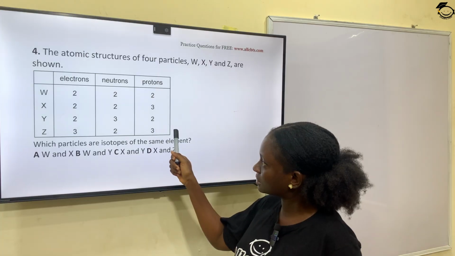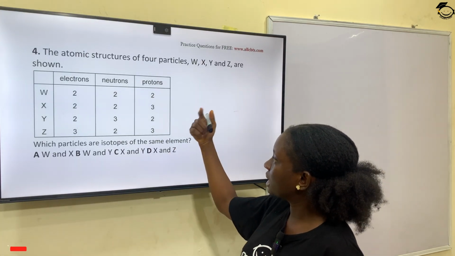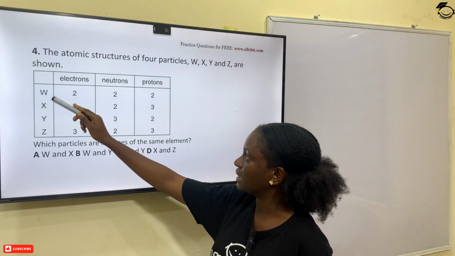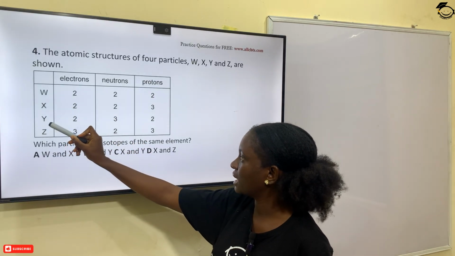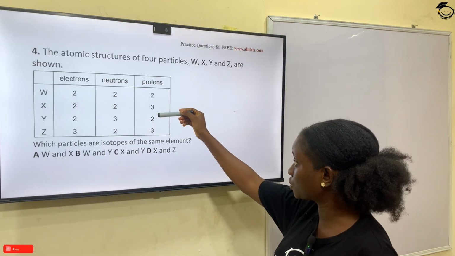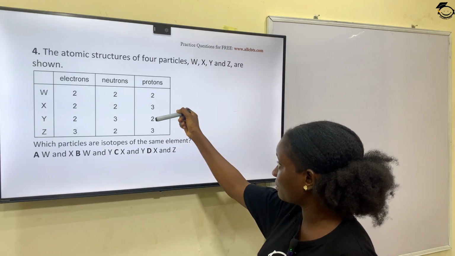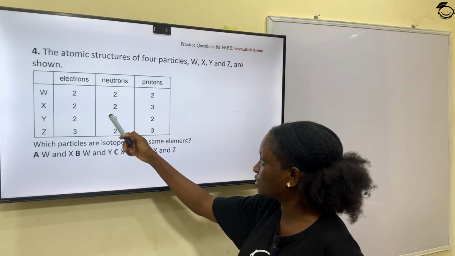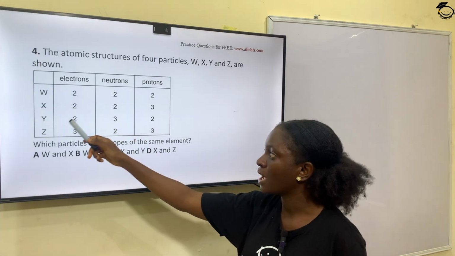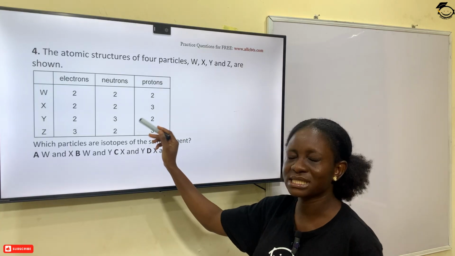So let's look at the table. From the table, we can see that only W and Y have the same number of protons, which is 2, but different numbers of neutrons. They have the same number of protons, but looking at the neutrons, we have W to be 2 and Y to be 3. So these elements exhibit isotopy.